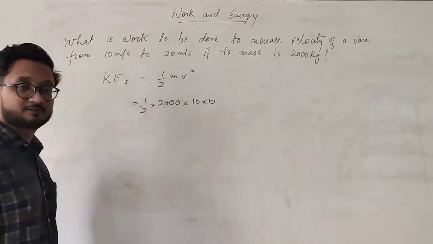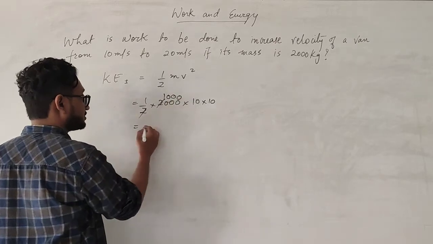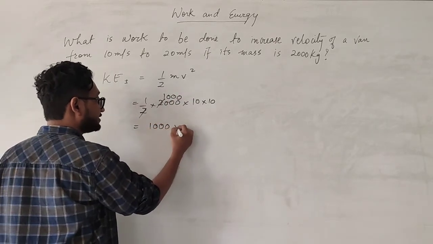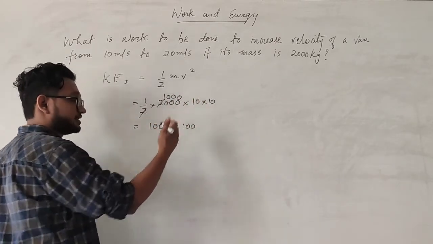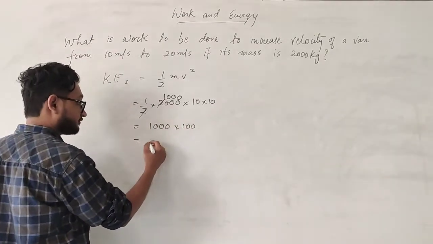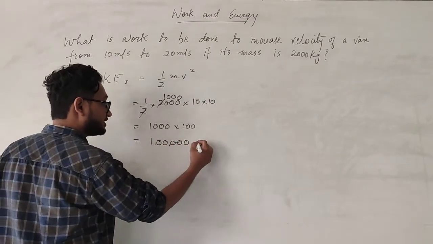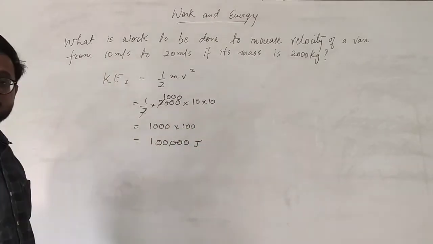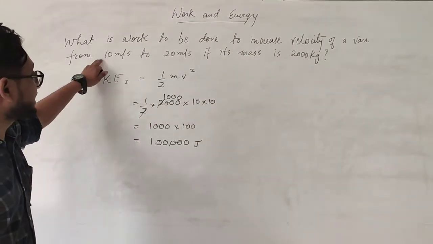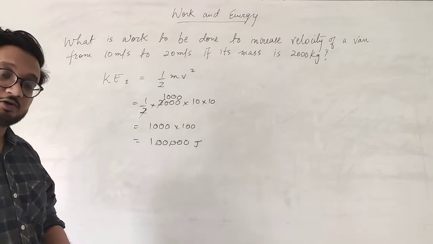Half of 2000 becomes 1000, and it becomes 1000 into 100 because 10 into 10 is 100. So what do I get? I get 1 lakh joules.